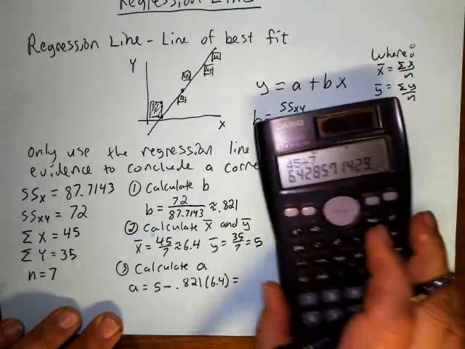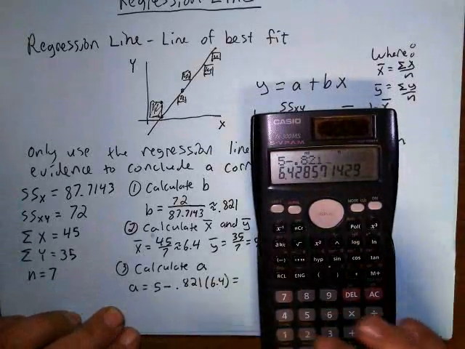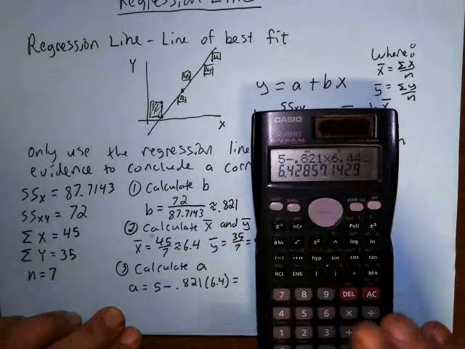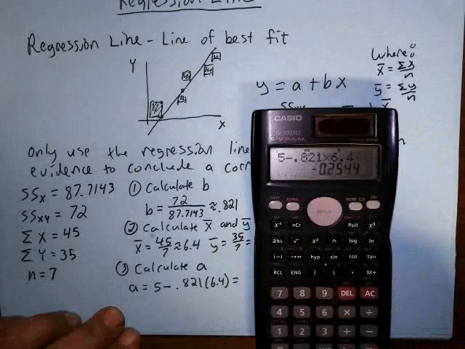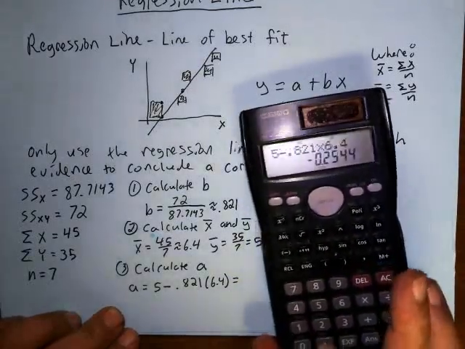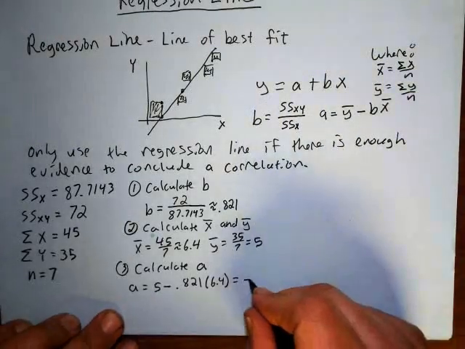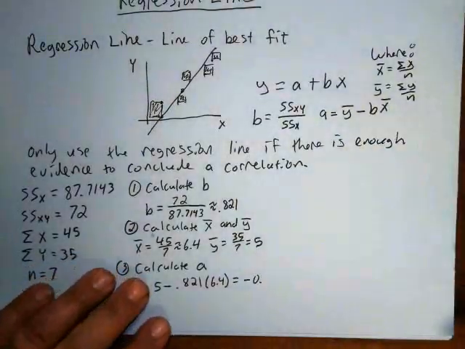And this is going to give me my A. 5 minus 0.821 times 6.4, and I get negative 0.2544. I'm just going to round to 3 decimal places again: negative 0.254.